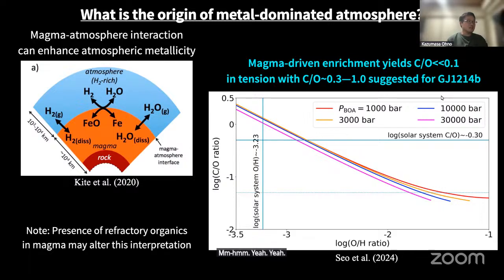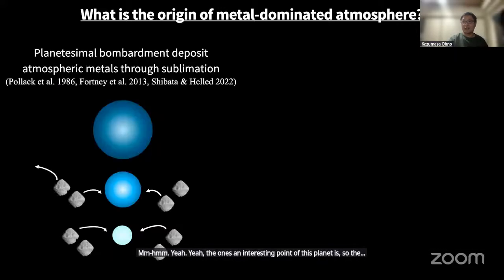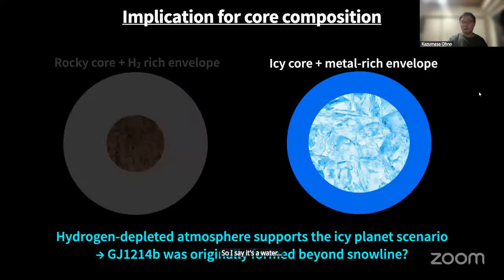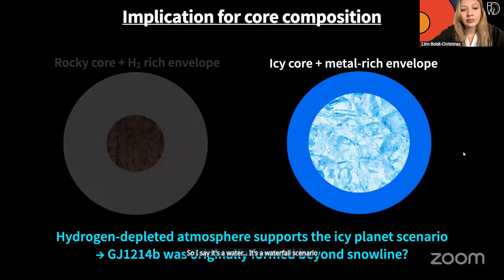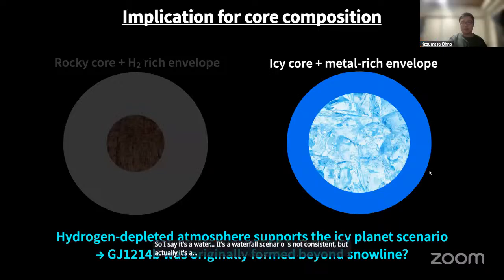One of the interesting points of this planet is, I say the water world scenario is not consistent, but actually the radius of this planet is almost exactly the same as the pure water planet scenario.